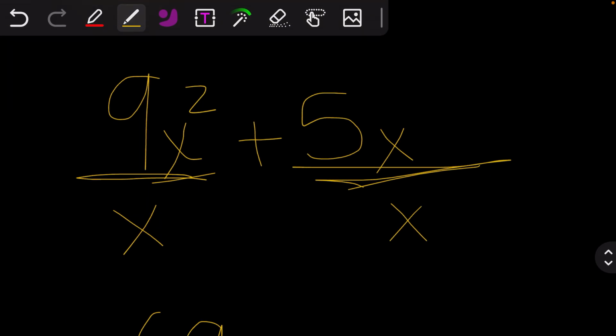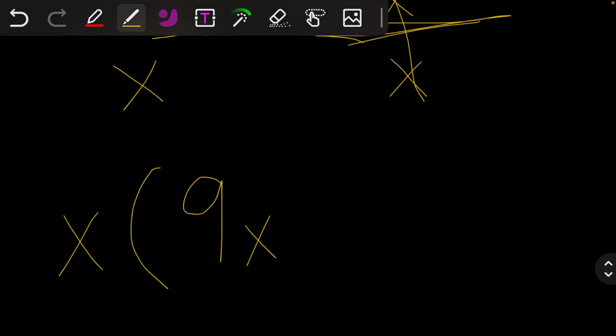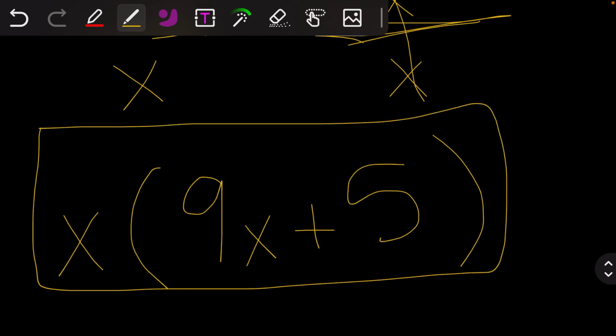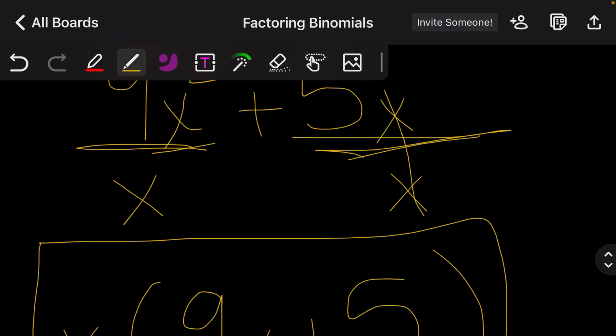And the same thing goes for 5x divided by x. That is just going to leave us with a positive 5. And so this is the factorization of 9x squared plus 5x.